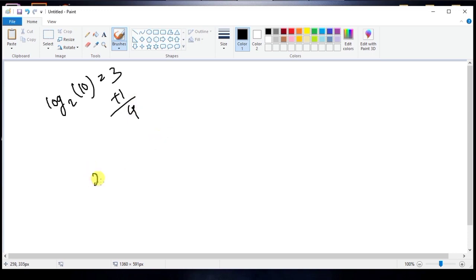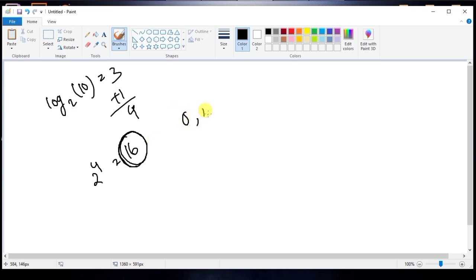So we need to calculate the value of 2 to the power 4. It will give us 16. This thing actually tells us how many different values we can get from 0 until 16. So we get 16 different values.